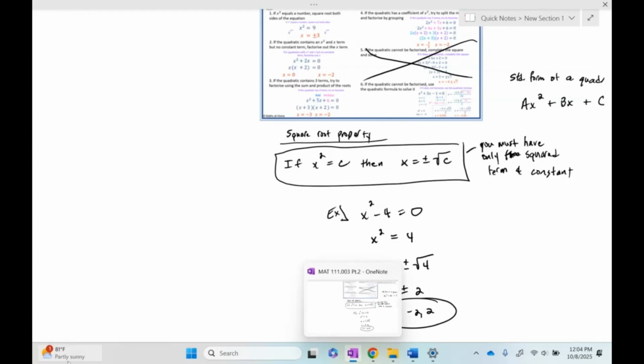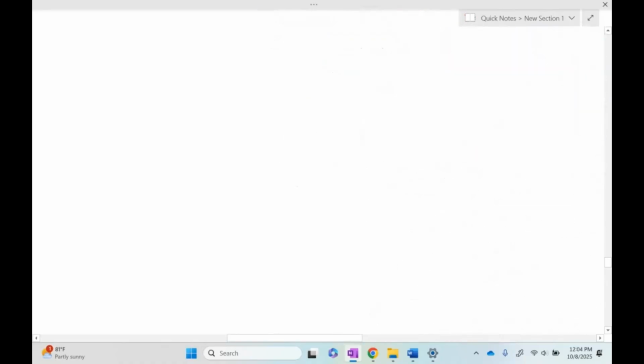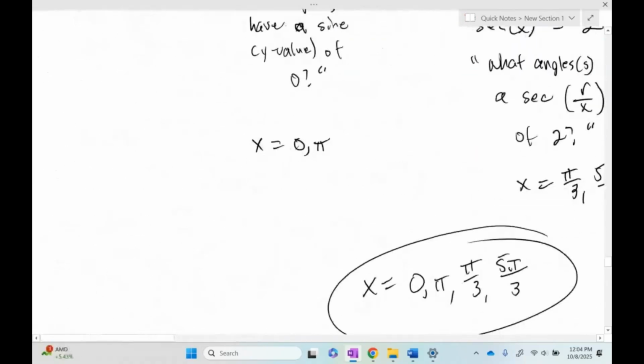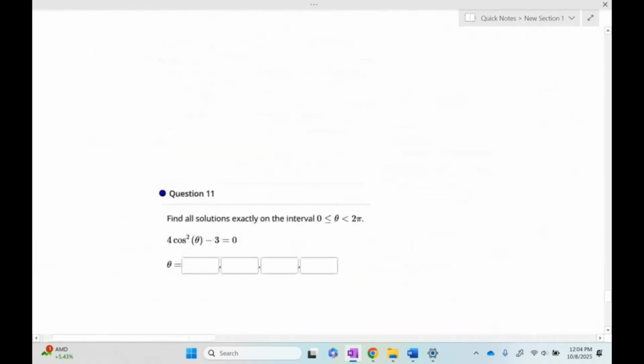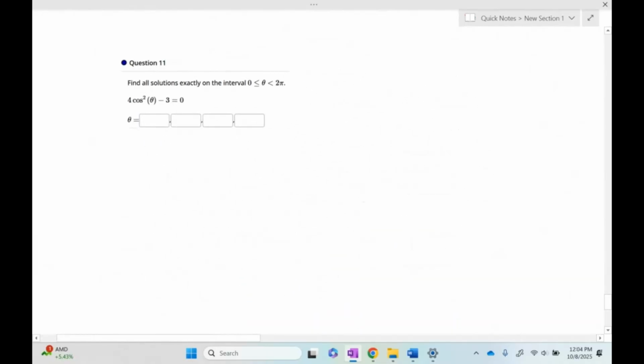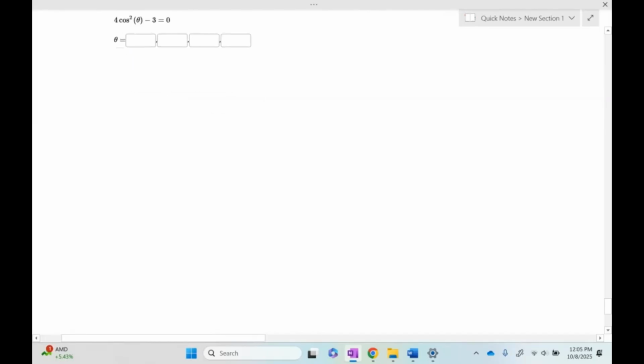So for this one, I'm going to use the square root property simply because I only have the squared variable. So I'm going to isolate for the squared variable. The first thing I'm going to do is transpose -3. I'm going to add 3 to both sides.